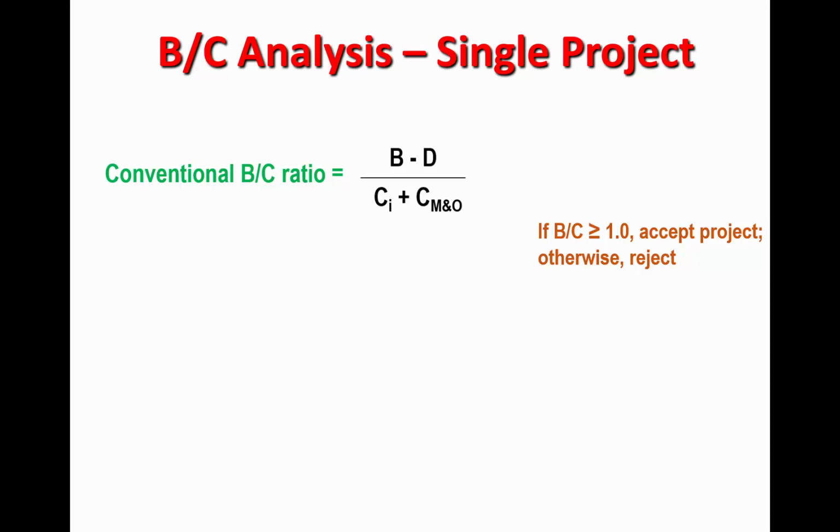But if your ratio is less than 1, think about what that would imply. So if your B to C ratio is 0.7, then that means you're only getting 70 cents of benefit for every dollar of cost. So for example, it wouldn't be worthwhile to spend $50 million to build a reservoir so people can fish if there's only going to be $1 million worth of benefit for doing that.